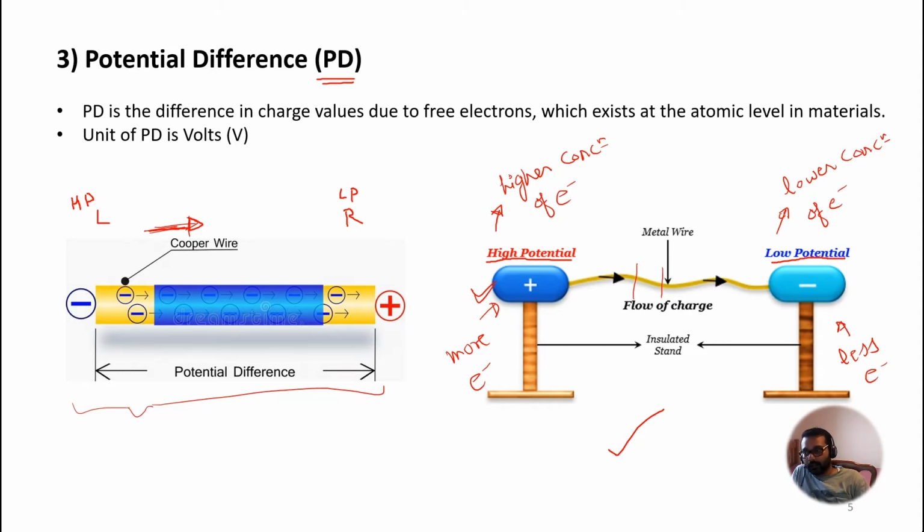Or if the electrons are flowing in a wire, there will be a potential difference, right? So basically it is because of the difference in charge concentration, mainly due to the free electrons, right? The unit of potential difference is volts. Okay.